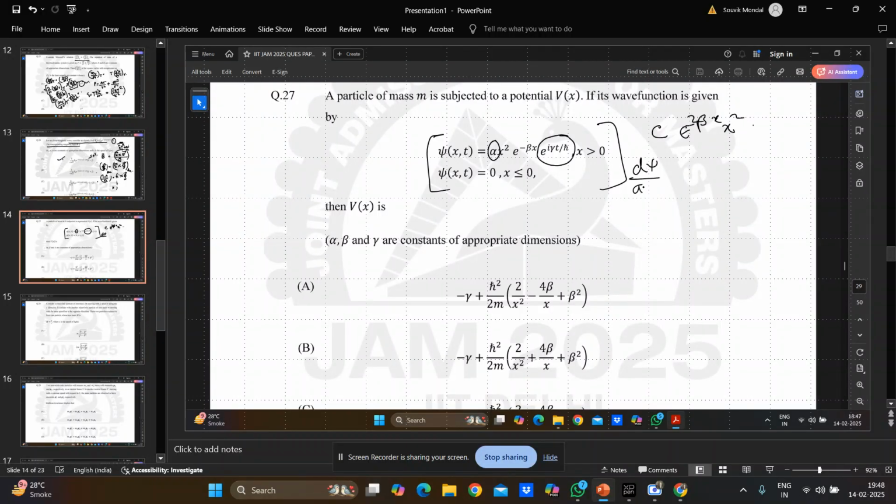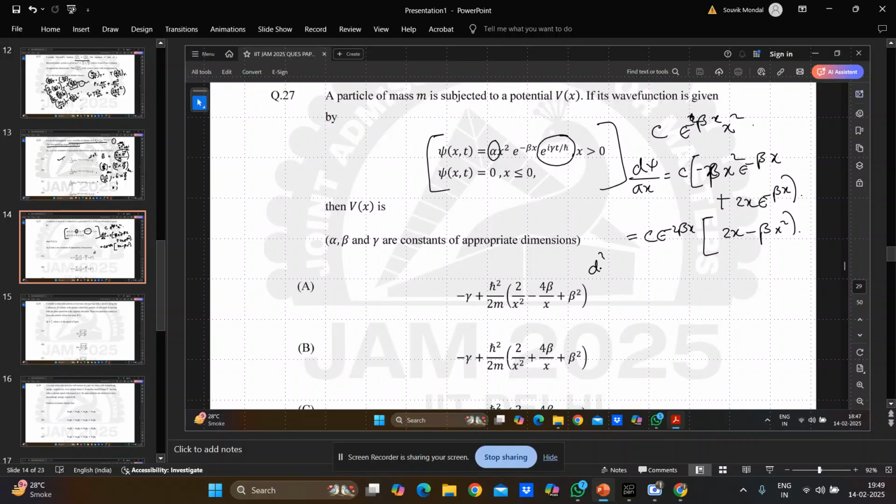So d phi dx is equal to c, x is e to the power minus 2 beta, not e to the power minus beta x square e to the power minus beta x plus 2x e to the power minus beta x, right? So it is c e to the power minus beta x into 2x minus beta x square, right?